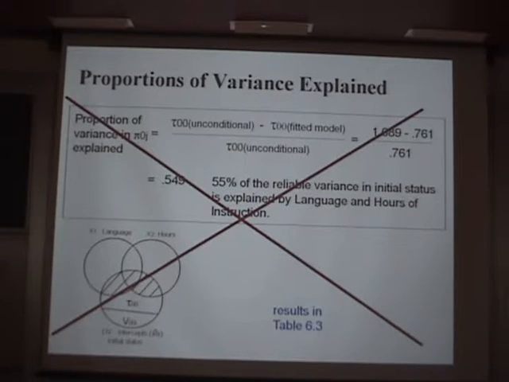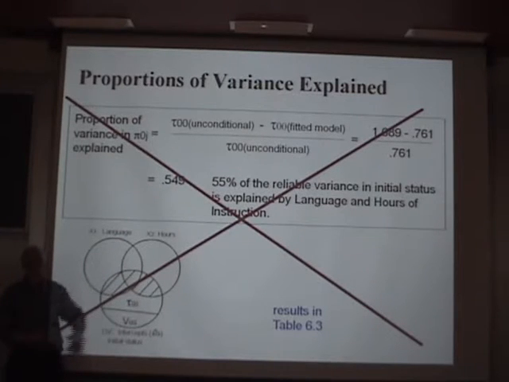You wouldn't be looking for proportions of variance explained in tau because these variables did not account for variance in tau. When you did the fixed effects test, we tested the effects of hours of instruction and the effects of home language on intercepts, and they were not significant.